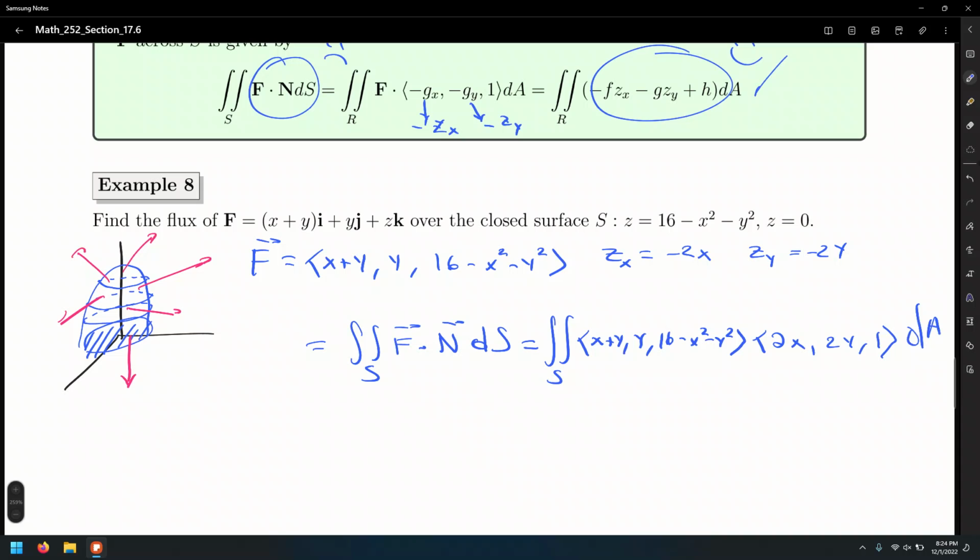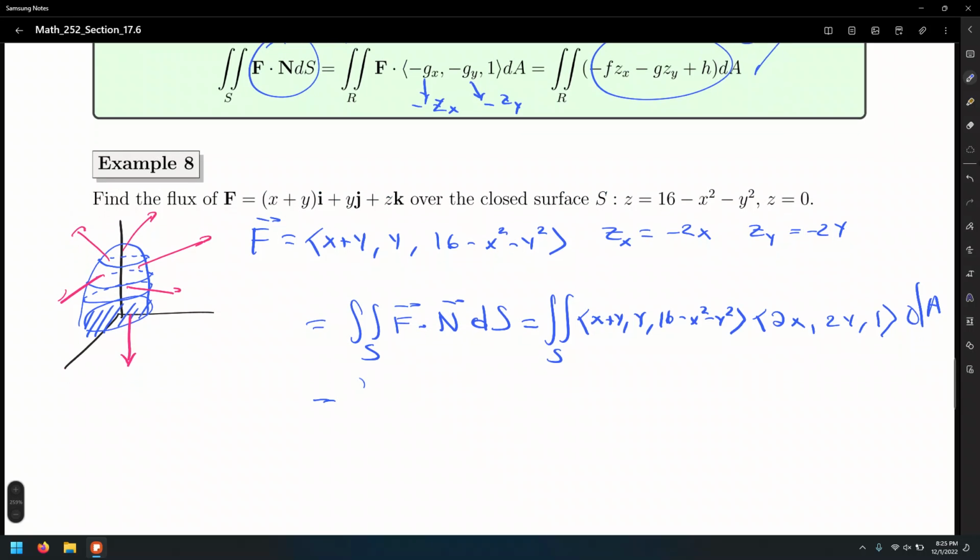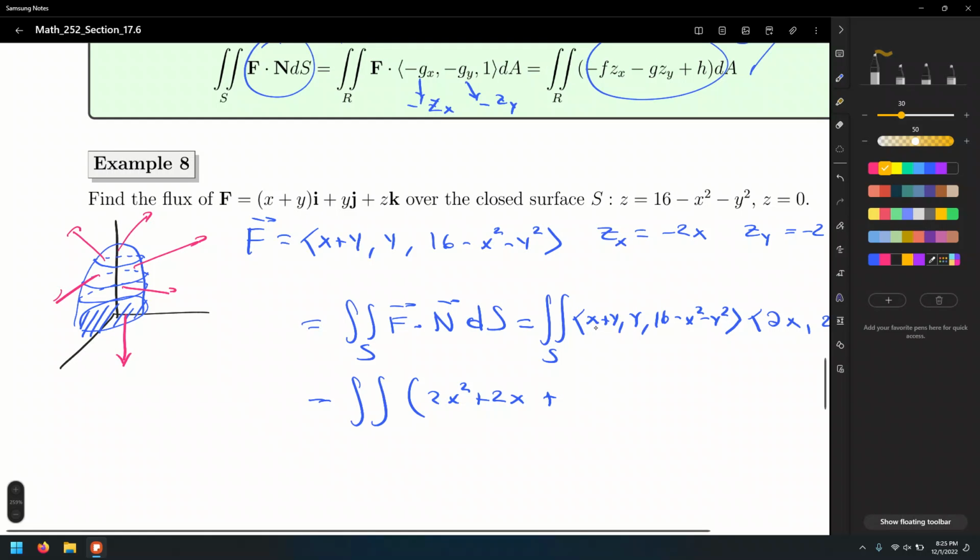Well, component by component, the quantity x plus y multiplied by 2x is going to give us 2x times x, that's 2x squared, plus y times 2x, that's 2xy. Let me highlight what I'm multiplying: x plus y times 2x to give us these two terms, all right?